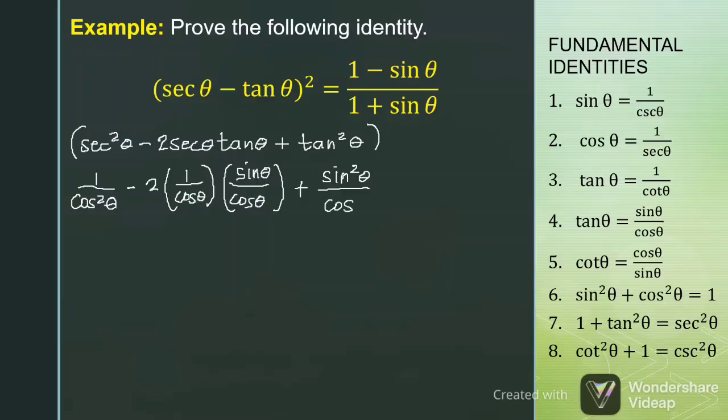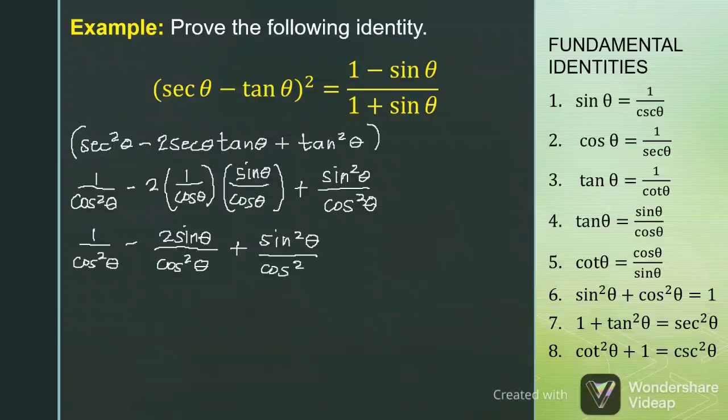Using the third fundamental identity. So let us simplify. Copy 1 over cosine squared theta, minus 2 times 1 is 2 times sine is 2 sine theta, all over cosine times cosine is cosine squared theta, plus sine squared theta all over cosine squared theta.